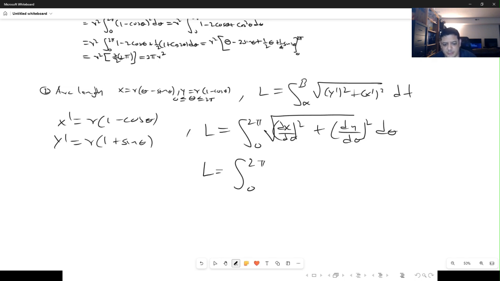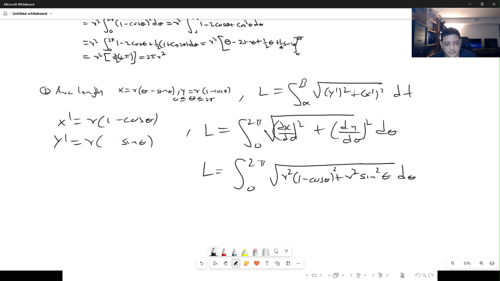And wait a minute, I have a mistake in here. So this is 1 minus cosine of theta, so this 1 is going to go away. This is just going to be sine of theta there. So this is going to be r squared times 1 minus cosine of theta, squared, plus r squared sine squared of theta.